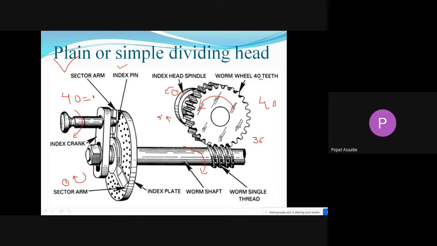It is 360 divided by 40, because there are 40 teeth on the periphery, and 360 divided by 40 is 9. म्हणजे जर क्रँकचं एक रेव्होल्युशन कंप्लीट केलं, म्हणजे क्रँक फक्त एकदाच रोटेट केला तर तुमचा वर्कपीस किती डिग्रीने रोटेट होणार आहे? 9 डिग्रीने रोटेट होणार आहे.